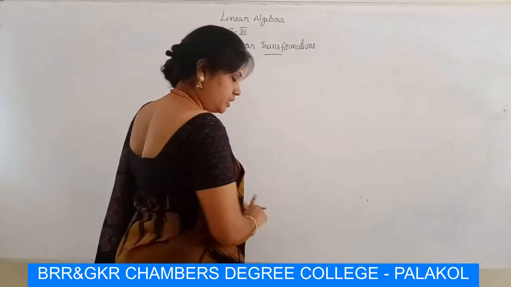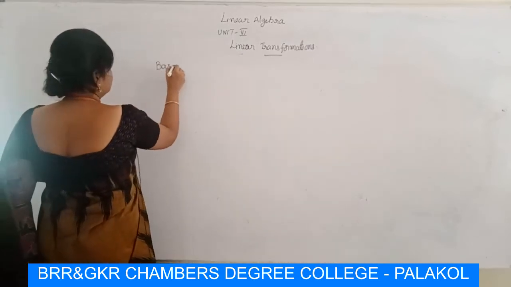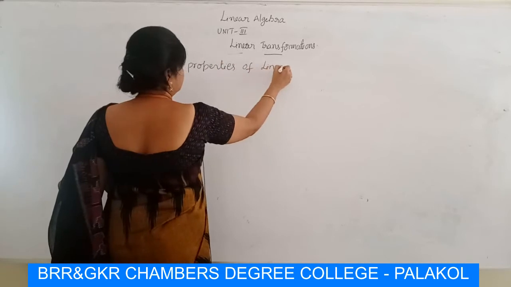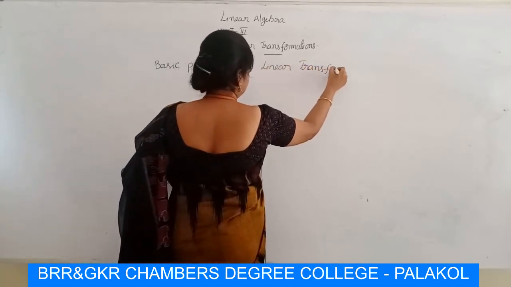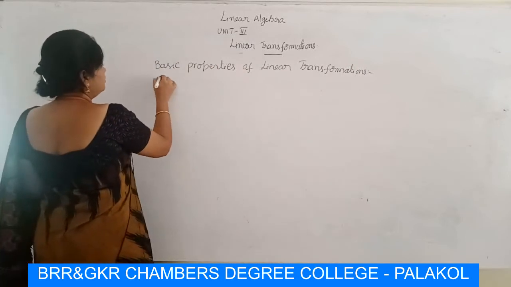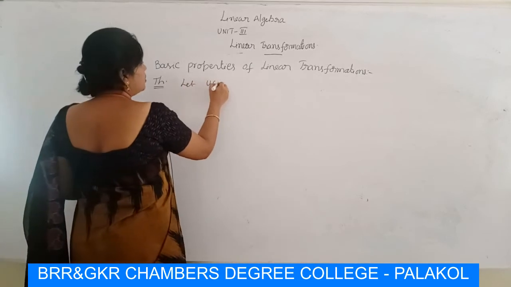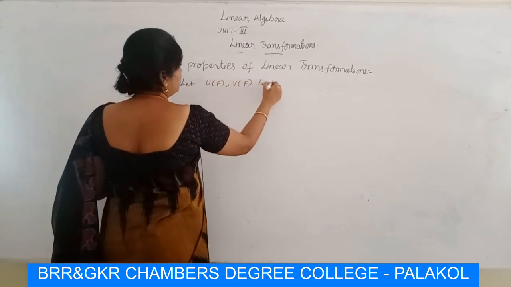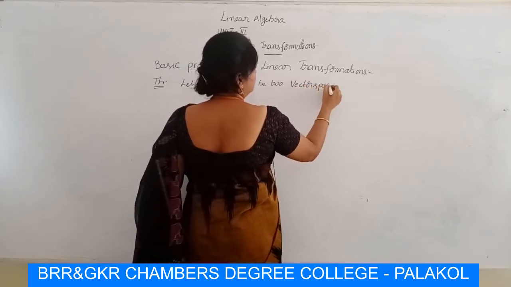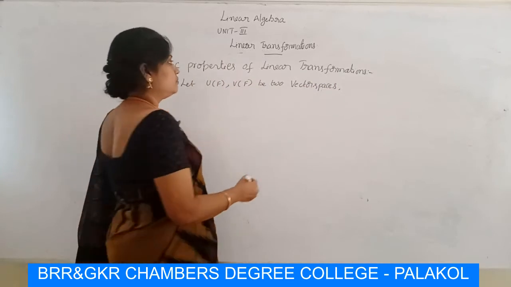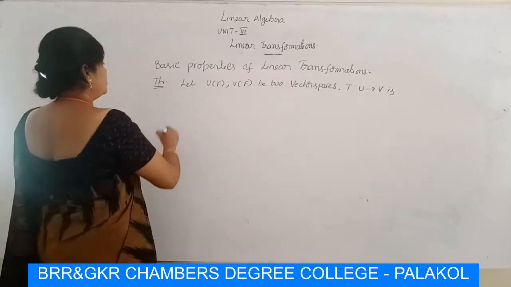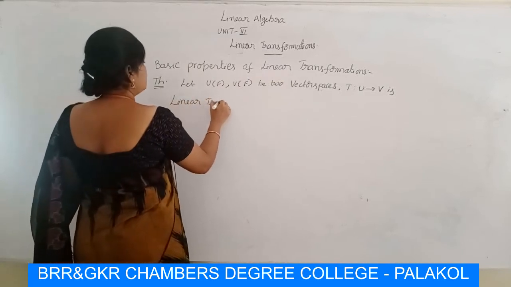Statement of the theorem: let U of F and V of F be two vector spaces, and T maps U to V is a linear transformation.